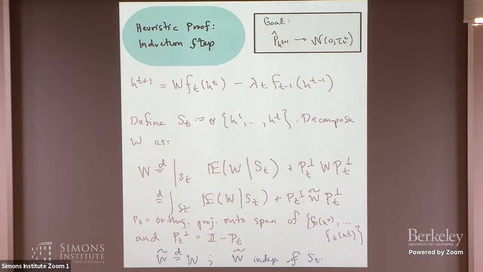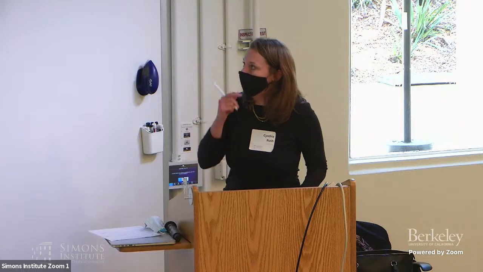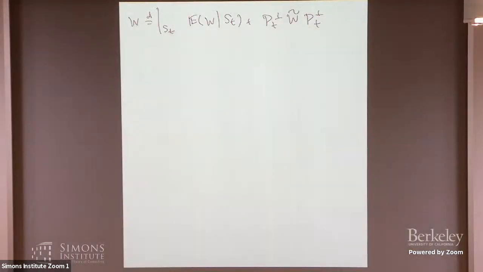Okay, so what does this actually give us? What we've shown is a representation for my matrix W, equal in distribution conditional on my iterates up to time t, as a deterministic piece plus a projection, where the matrix in the projection is independent.